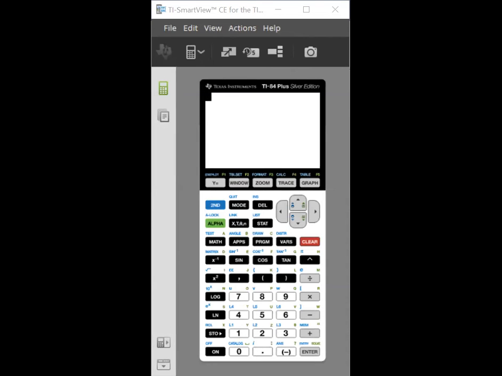Type in 100, multiply, open the parentheses, 1 minus the letter e, which is above the ln, and negative sign, 0.3, multiply by 4, close the parentheses, and enter.